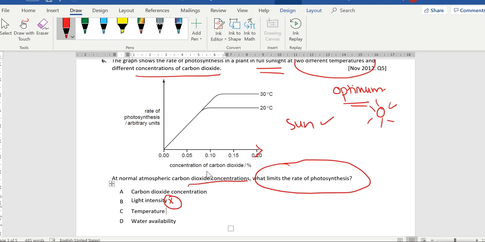And normal atmospheric carbon dioxide concentration is 0.03%, right? And so 0.03% is around here. And we're looking at this part of the graph. So when this graph is still increasing like that, that means that the limiting factor here is still carbon dioxide concentration.